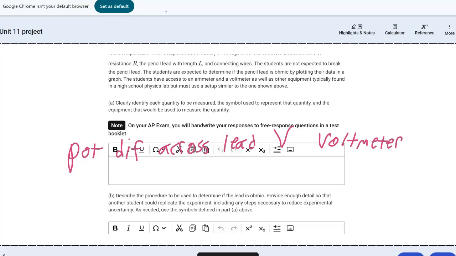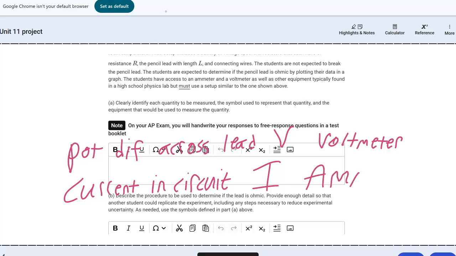And I'd also say the current in the circuit, that's going to be I, and I'd measure that with an ammeter.